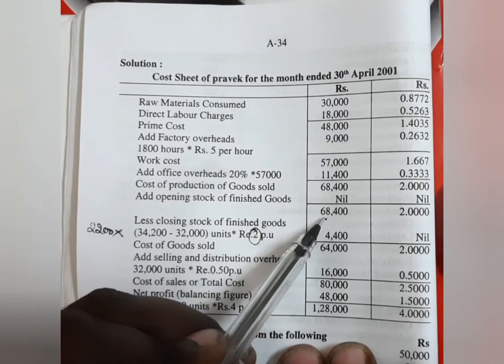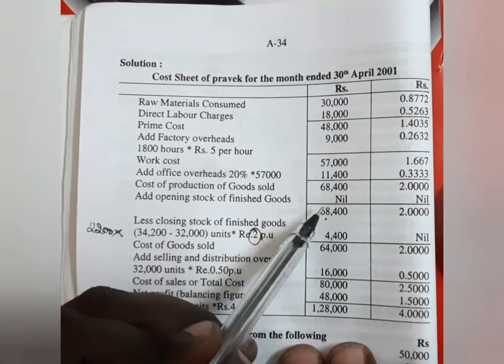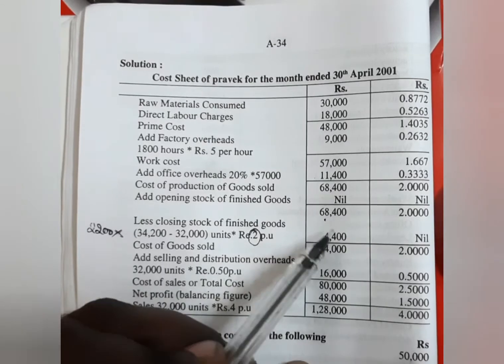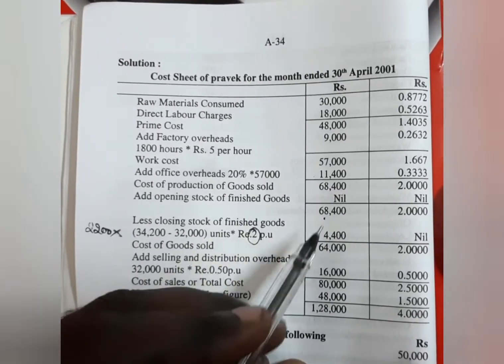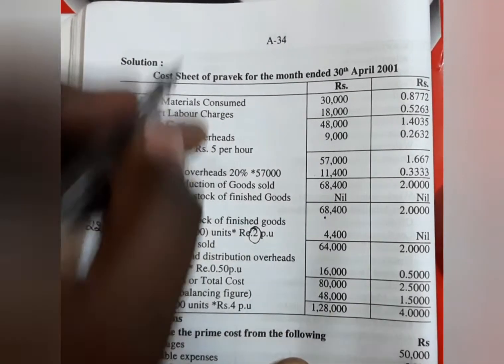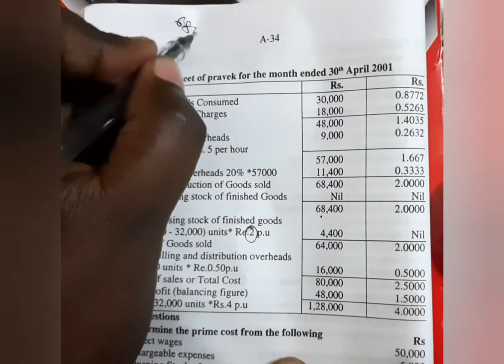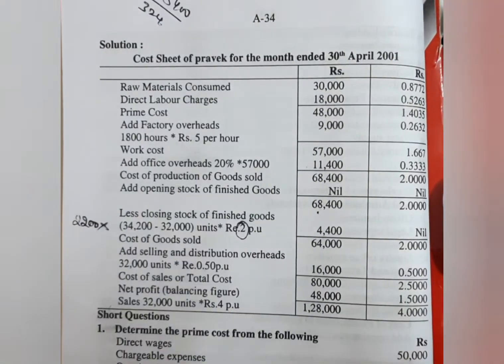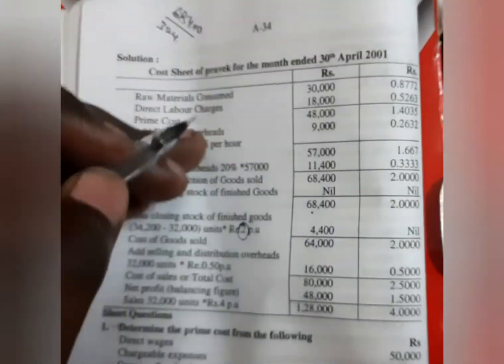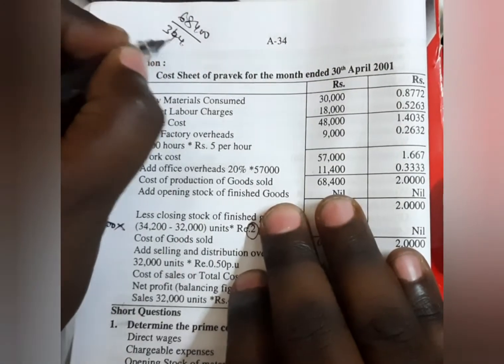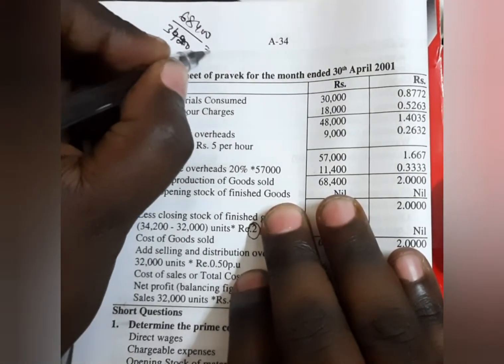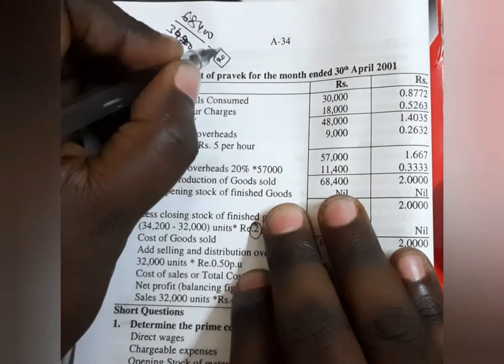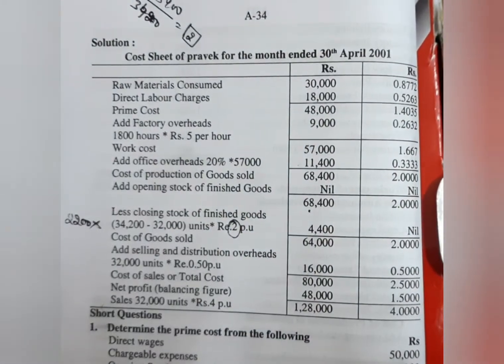68,400 plus nil is 68,400, divided by number of units, 34,200, the units produced. So 68,400 divided by 34,200 is equal to 2 rupees.